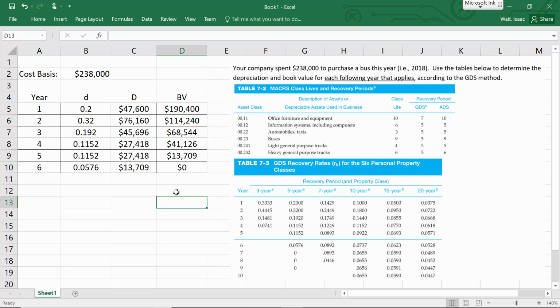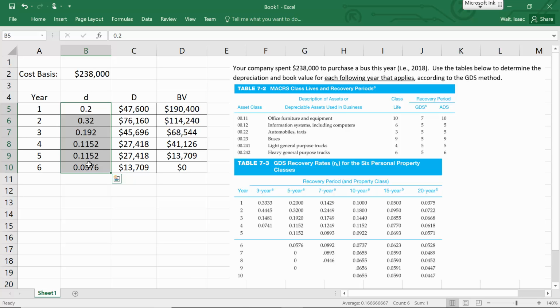The depreciation amount for each year, capital D, is simply going to be the depreciation factor, lowercase d, multiplied by the cost basis. And by the way, when you're typing in these depreciation factors, it's always a good idea to highlight the entire range and then look down here at the statistics where it says average, count, sum.